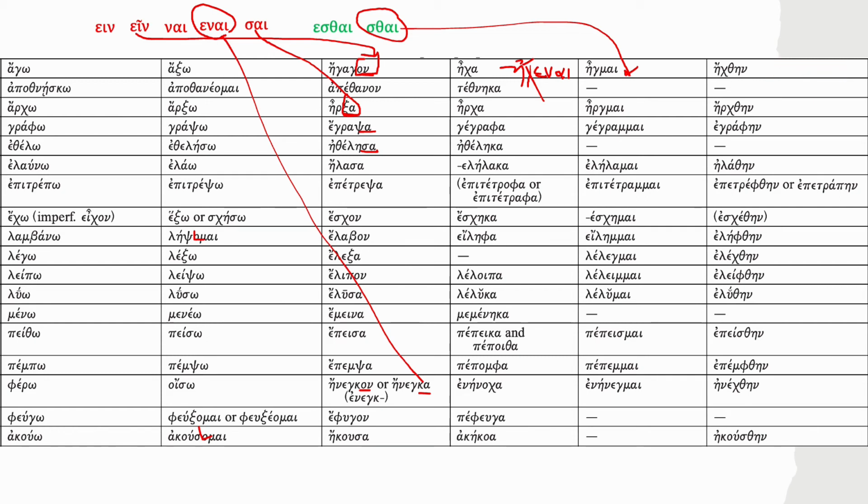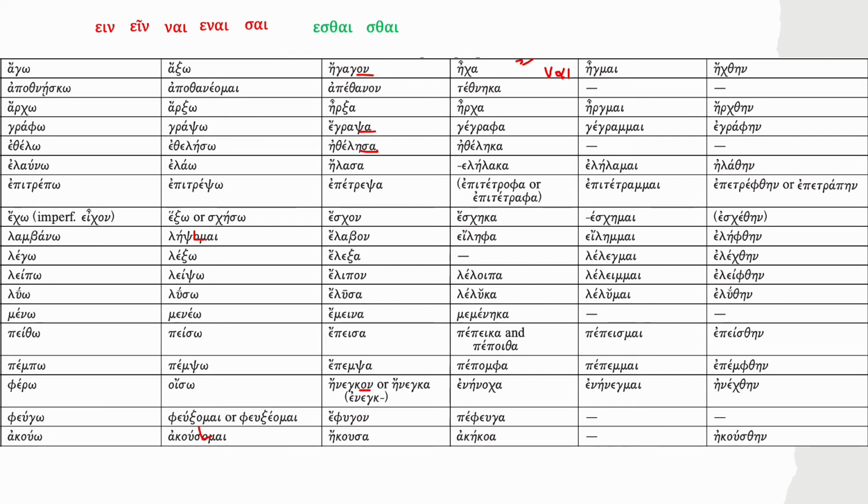So it's pretty straightforward. Let's see if we can erase all of these lines here. All right, so to summarize, basically, if it is an omega, you're going to go with ein, right?